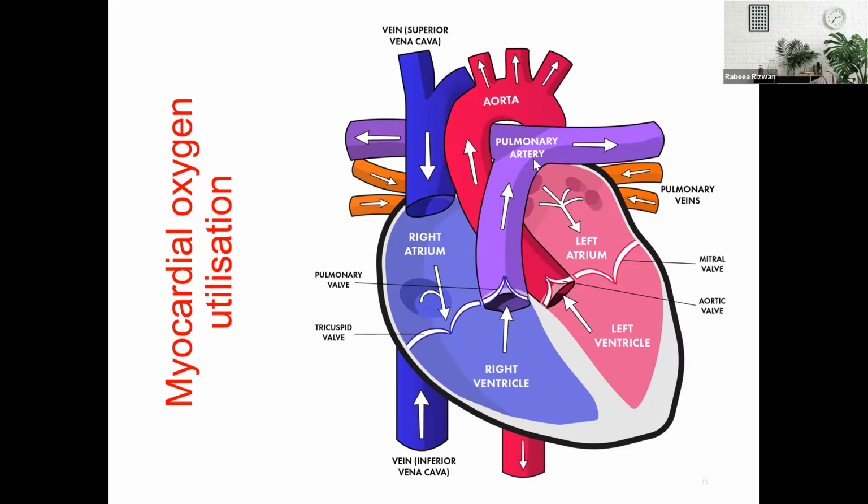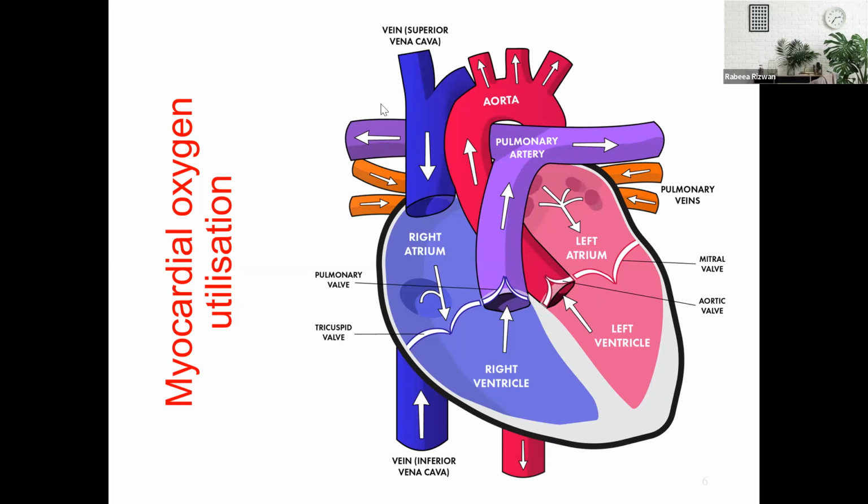Normally, arteries all carry oxygenated blood, but for the heart it is opposite. This blood is not oxygenated. The deoxygenated blood is all collected through the vena cava from our body into the right atrium, then the right ventricle. And then this deoxygenated blood is carried to the lungs through the pulmonary artery.